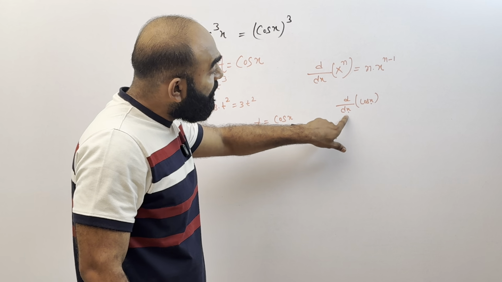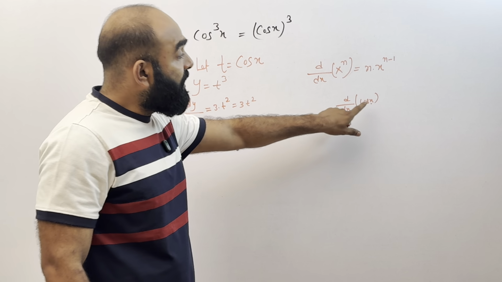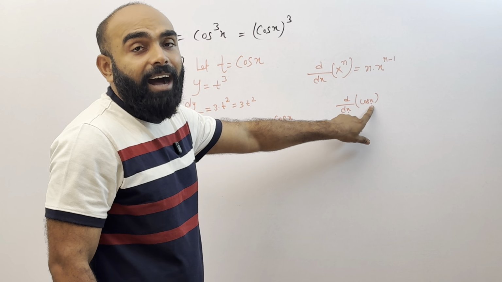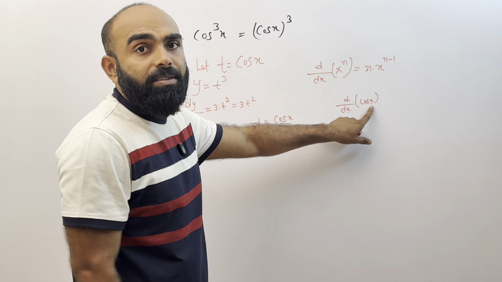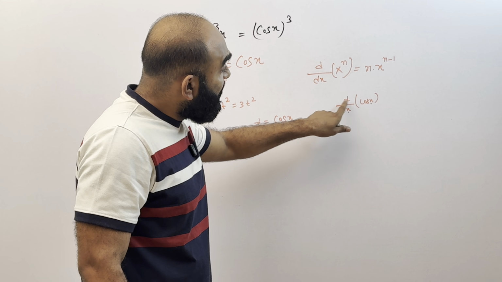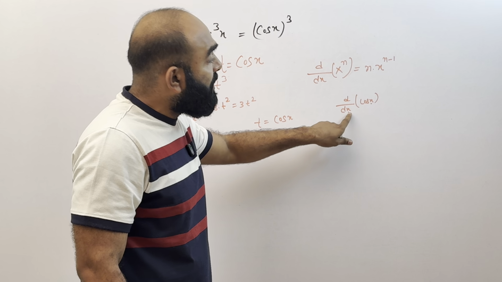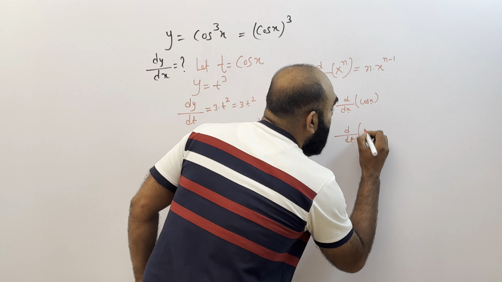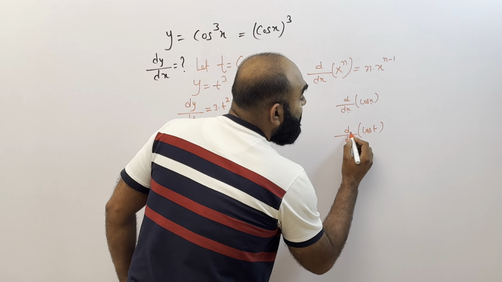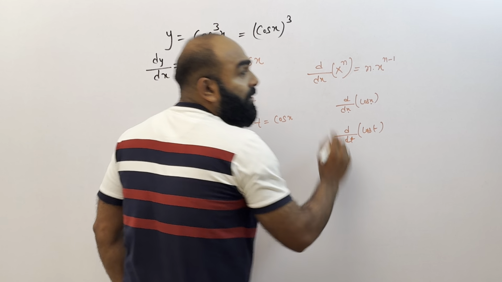Differentiating cos x with respect to dx. If it is t here in place of x, after cos, whatever is written is the angle of this trigonometric function. If I write d by dt, I have to write cos t here. Differentiating cos t with respect to dt.